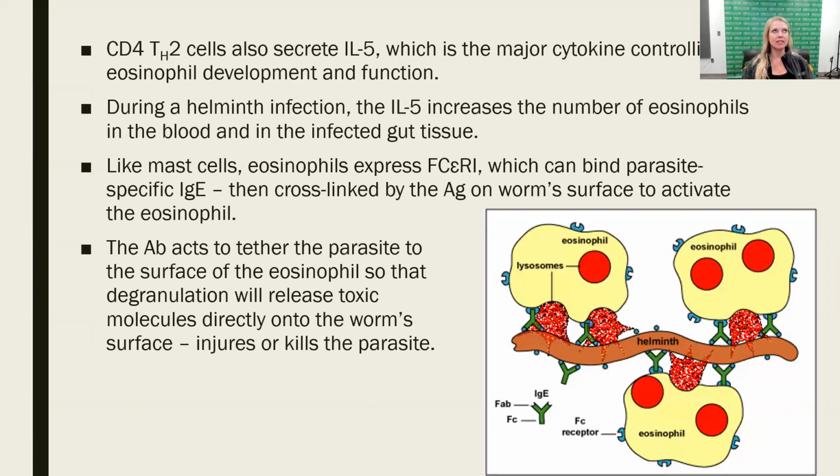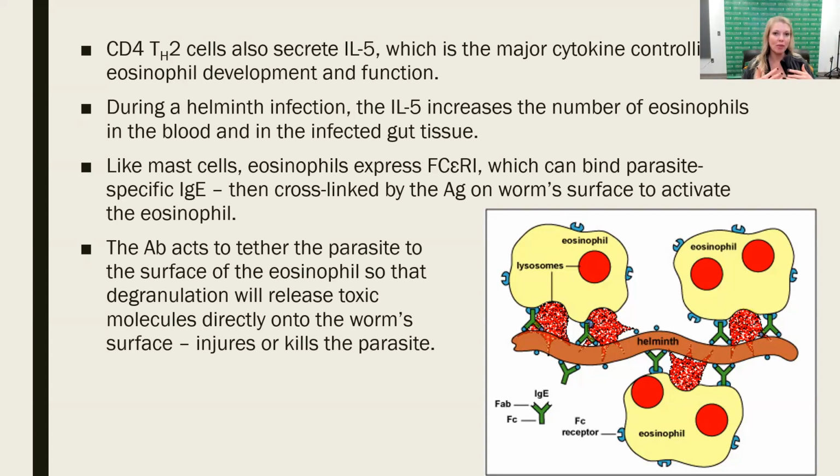Now, the T helper 2 cells, again, on the humoral side of the response, yes, we have IgE antibody being produced, but IL-5 is a cytokine that is going to not only help with class switching in B cells, but will also drive eosinophil production and control their development.